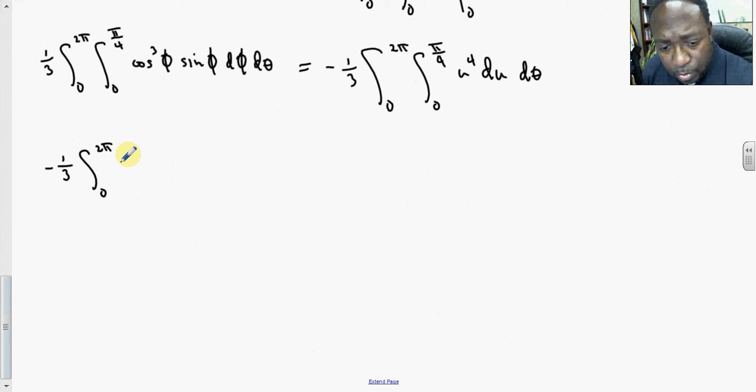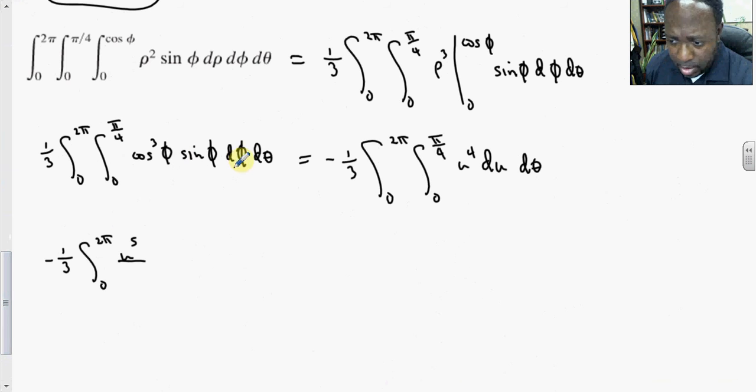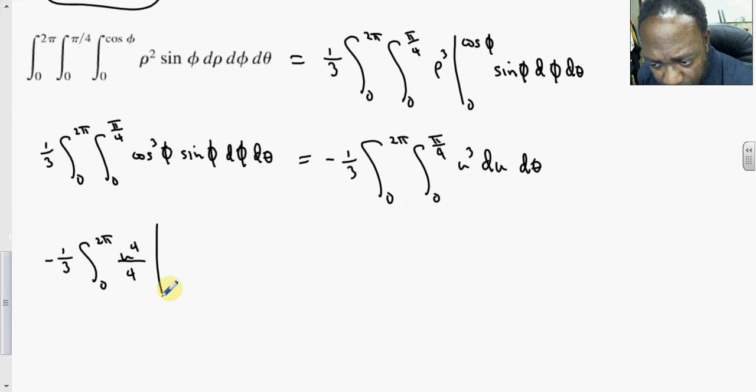We integrate that u cubed, that gives us u to the 4th, all over 4, evaluated from 0 to pi over 4, d theta.